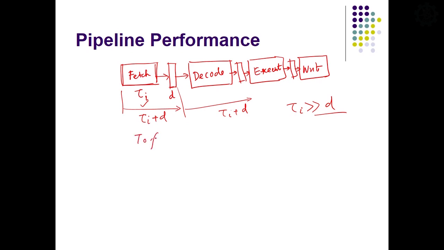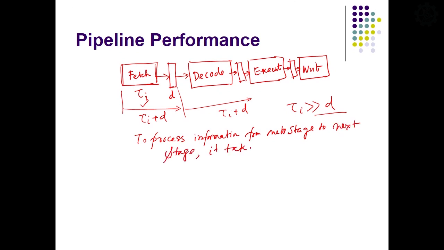So, we are considering this one as tau. Now we wish to execute n instructions. So, how long will it take?